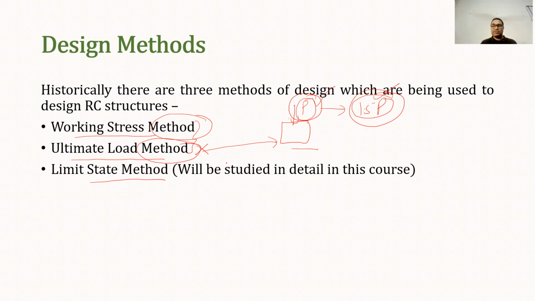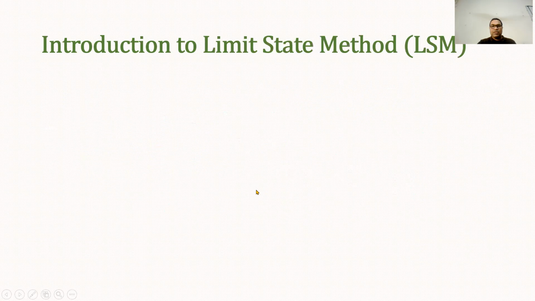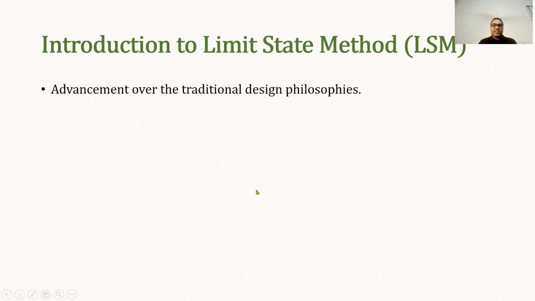But in this lecture, first we will study the concept of the limit state method and the various terms that we generally use in it. This limit state method is an advancement over the traditional design philosophy based on the working stress method, and the next method, the ultimate load method. So this is basically the development of these two methods.